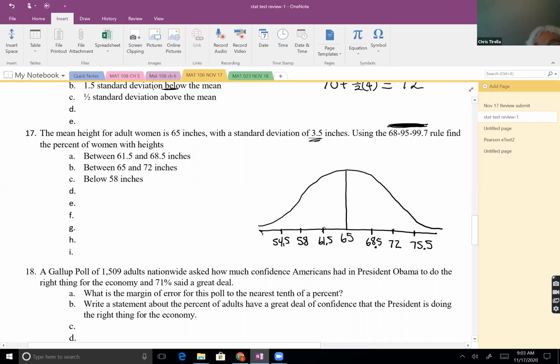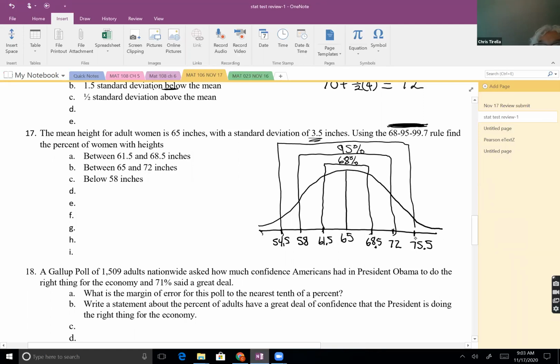And then we group them. If I have one on either side, we said that that's our middle 68%. Then if we go one to either side again, that's our middle 95%. And then the last grouping is, I apologize, I ran out of room, the 99.7%.